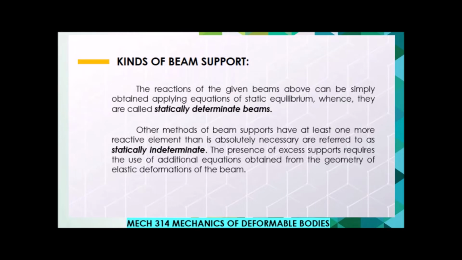Other methods of beam supports that have at least one or more reactive elements that are not absolutely necessary are referred to as statically indeterminate. The presence of excess supports requires the use of additional equations obtained from the geometry of elastic deformation of the beams.